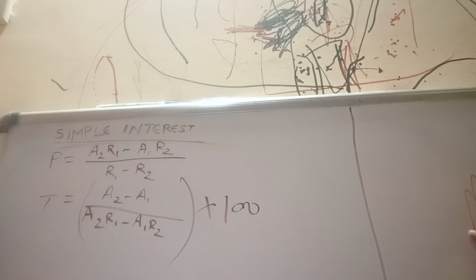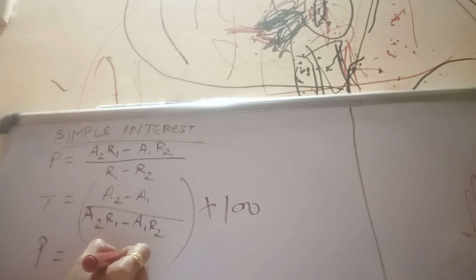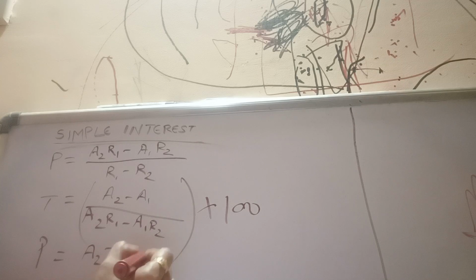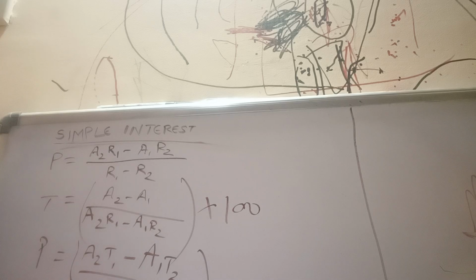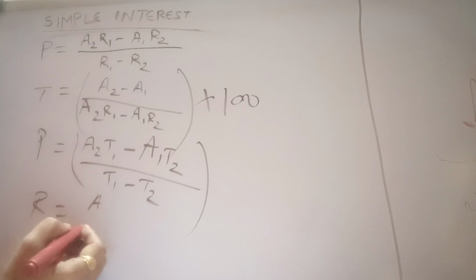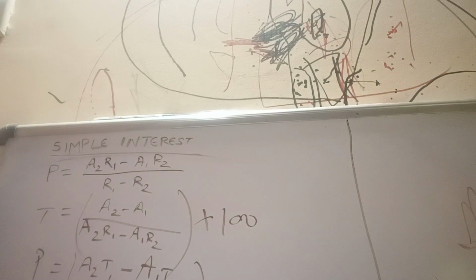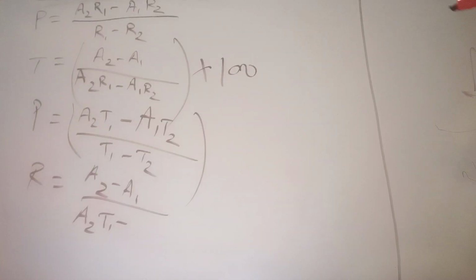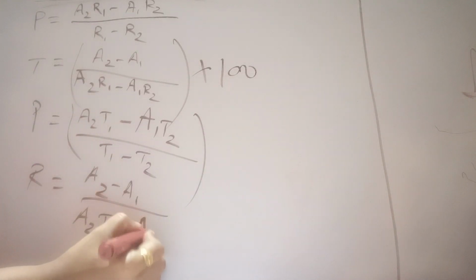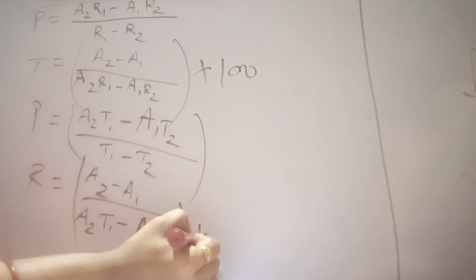If the rate of simple interest is uniform, then P equals (A2 T1 minus A1 T2) divided by (T1 minus T2), and another rule is R equals (A2 minus A1) divided by (A2 T1 minus A1 T2), whole into 100.